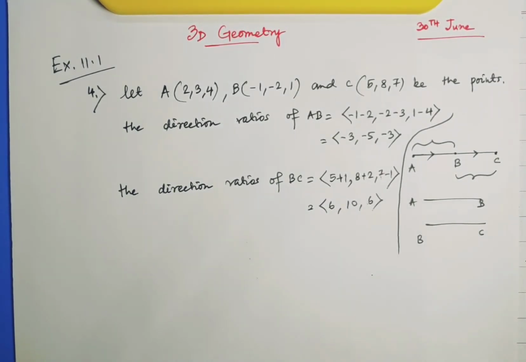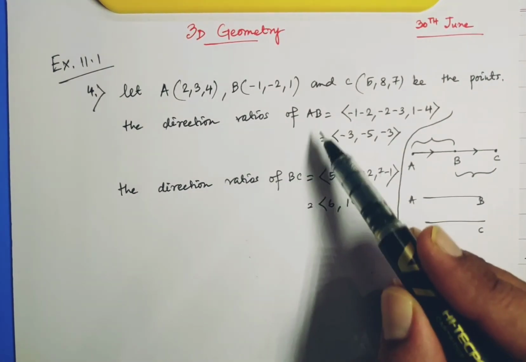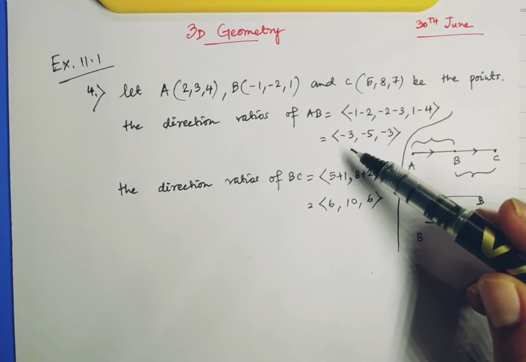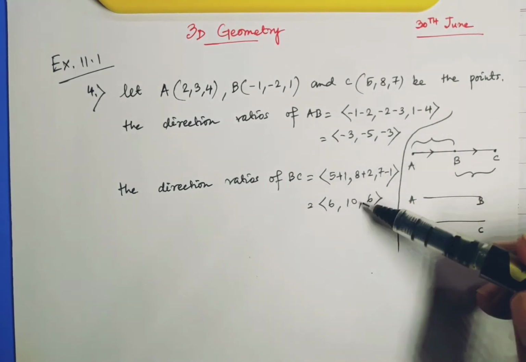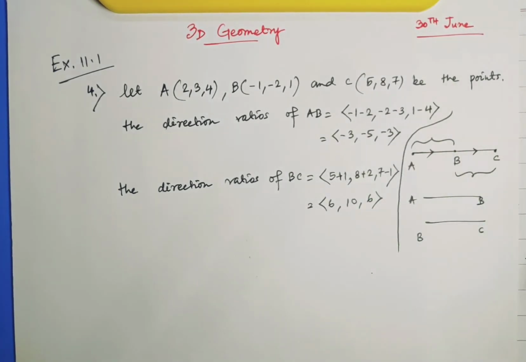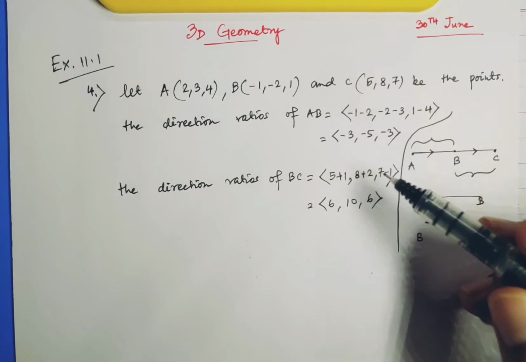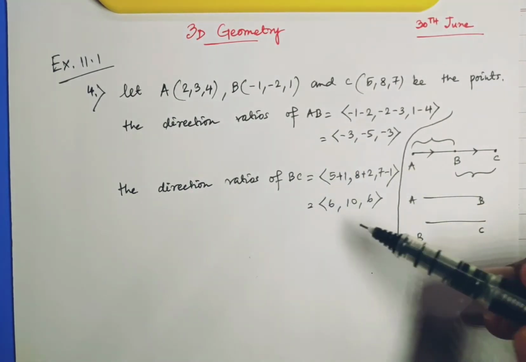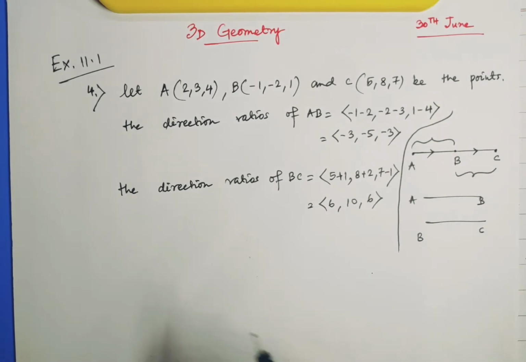So what I see is this AB and BC, they are proportional, right? How? Look, 6 by minus 3 is what? Minus 2. 10 by minus 5 is what? Minus 2. And 6 by minus 3, again minus 2. So we can say what? That the line AB and BC are proportional.